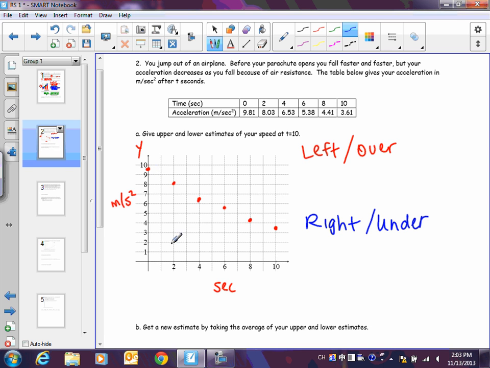The first rectangle you have should be whatever 8.03 times 2 is, because if you're looking at this first section, you're choosing the right number, in this case, the lower number. So go ahead and figure out whichever one you're assigned. If you think you have time to do both, do both. Practice.